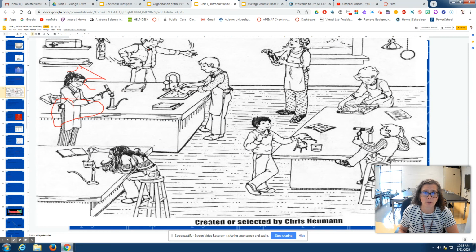Looks like he's playing around with stuff, and we do not have any horseplay going on in the lab. We are all down to business. We're in the lab, and it's not a place to play around. This guy is doing the right thing in that he is washing his hands, but his goggles are off. So we have some good things and some bad things going on. So make sure we are always following all of our safety procedures.